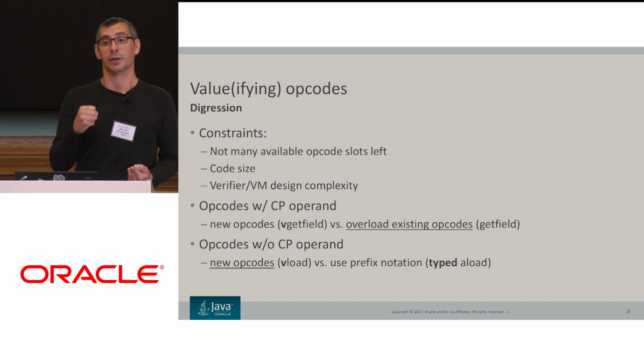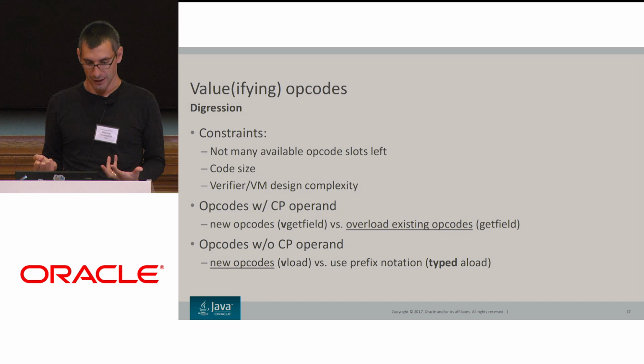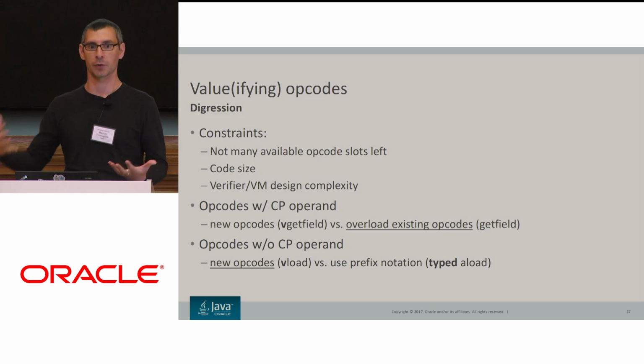If, however, your opcode is not taking any constant pool entry, such as load, well, a load instruction is problematic. It doesn't have a constant pool entry, so how am I going to extend it?